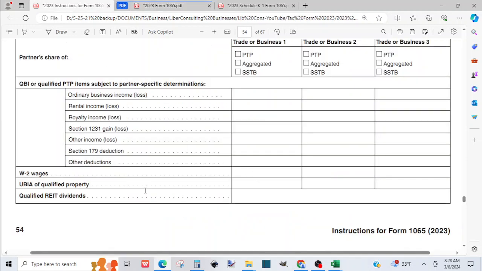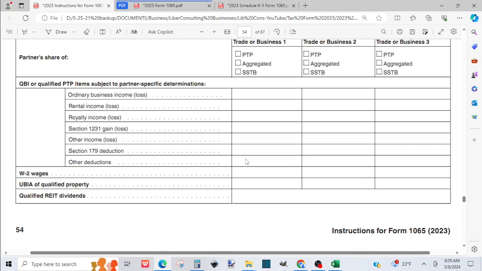That will go there, and then you have the qualified property, and the software will be able to find the portion of the assets value that will go there. So the qualified property, the unadjusted basis for the business assets, will go there.